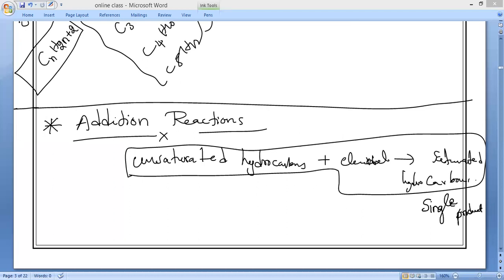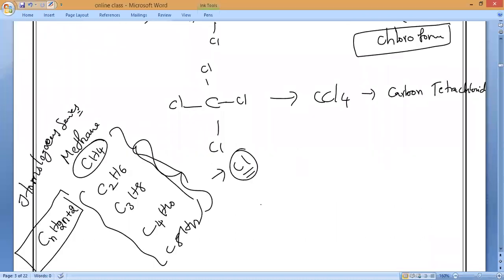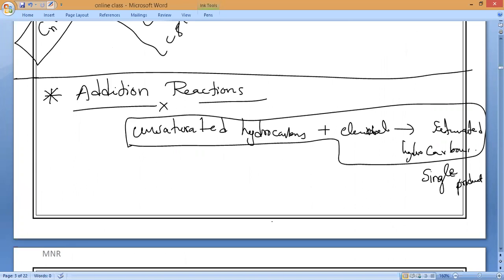Just now you wrote one statement: the characteristic property of saturated hydrocarbons is the substitution or replacement reaction. Now the addition reaction is the characteristic property of unsaturated hydrocarbons.